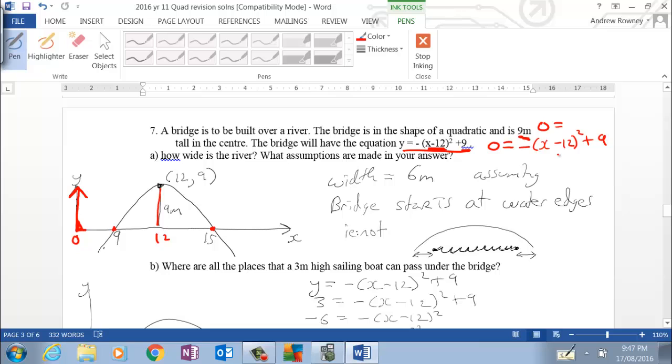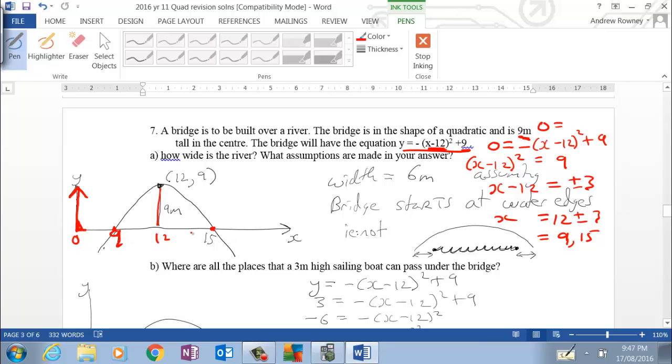Now we'll take this over to the other side, and so we have (x take 12) squared equals 9. Now if we square root both sides, we'll have x take 12 equals plus or minus 3. And now we add 12 on the other side, so 12 plus or minus 3, you get two answers, 9 and 15. So your two x-intercepts are 9 and 15.